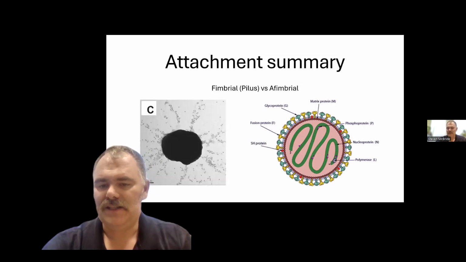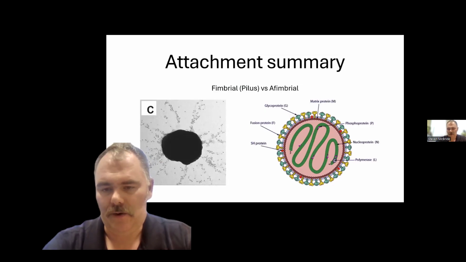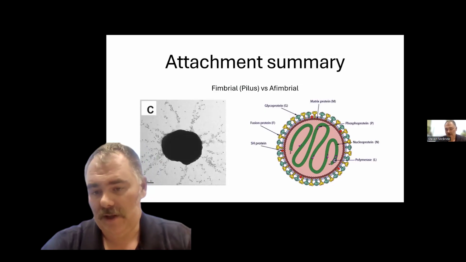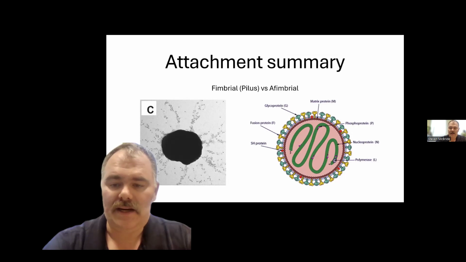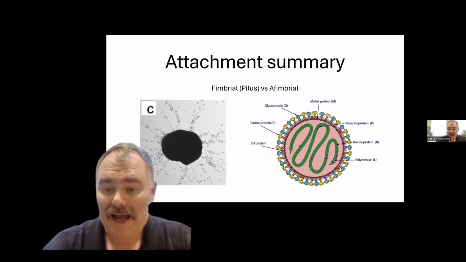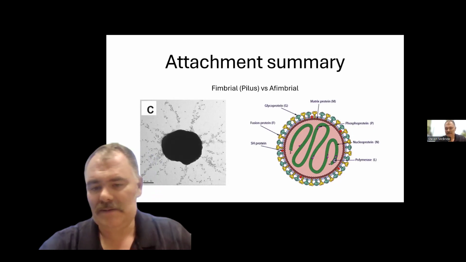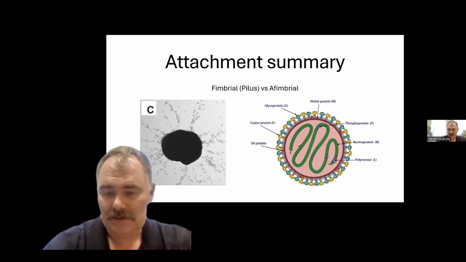Although these pathogens use different adhesion mechanisms, they can be grouped into two major categories, fimbrial and afimbrial attachment. UPEC and Neisseria gonorrhea primarily use fimbrial adhesins such as fimbriae or pili. These hair-like structures extend from the bacterial surface and bind specific receptors on the host cells.